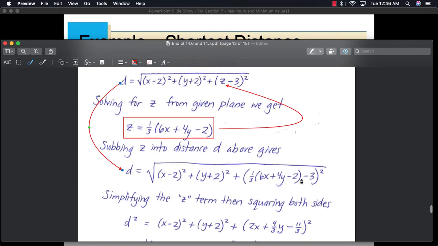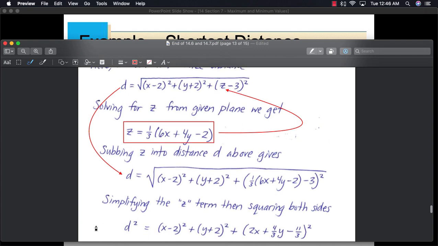Okay, so again, I clean up this over here. I distribute the 1/3. I subtract the 3, I end up with this over here. And then you square both sides because you're going to find that this d squared expression is going to be much easier to differentiate than the square root expression here.